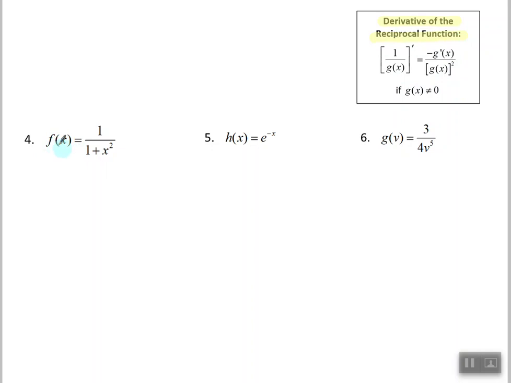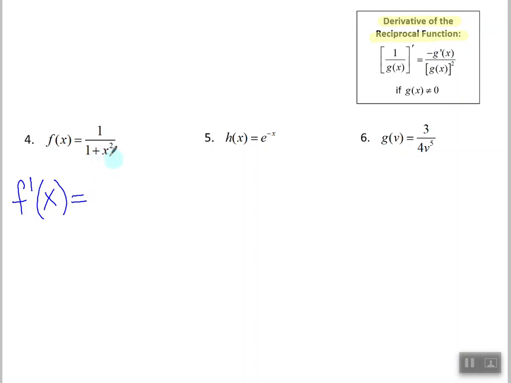In this example, f of x equals 1 divided by 1 plus x squared. We can see this as a reciprocal function, so when I take the derivative f prime of x, using my derivative of the reciprocal function corollary, g of x is the denominator, so my derivative has negative g prime of x in the numerator.